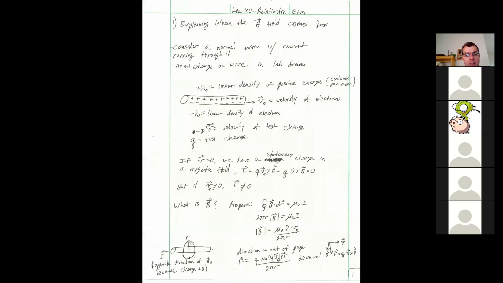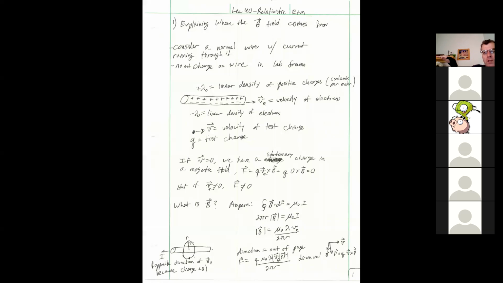And when we cross v with that, we have v pointing to the right.